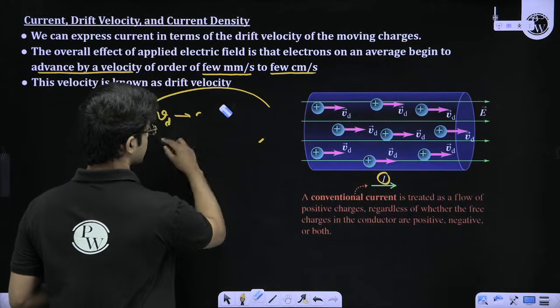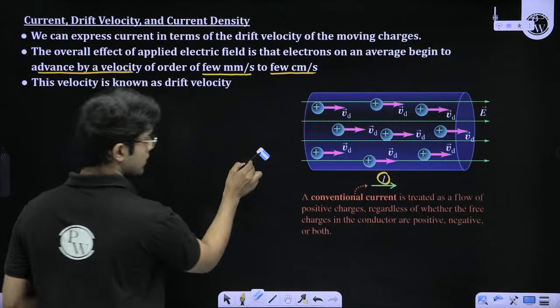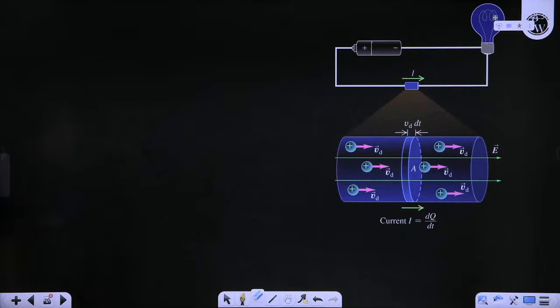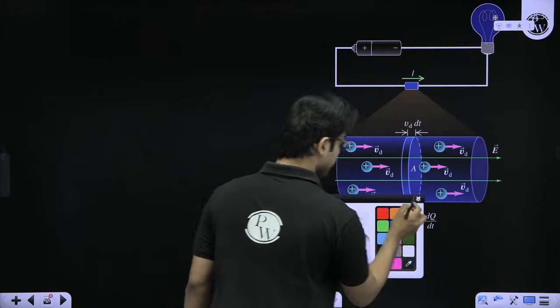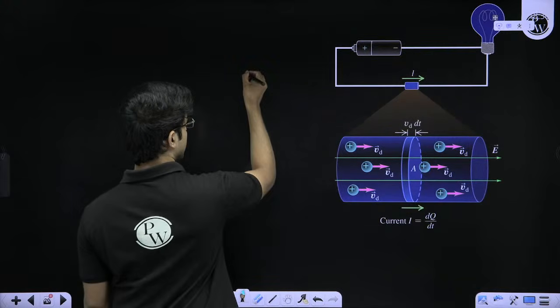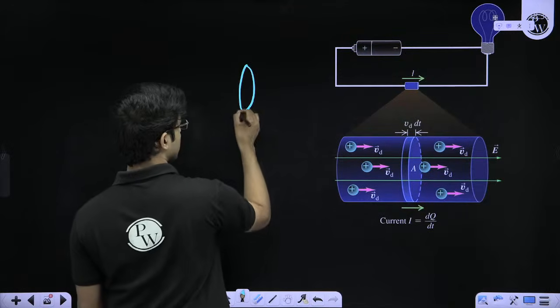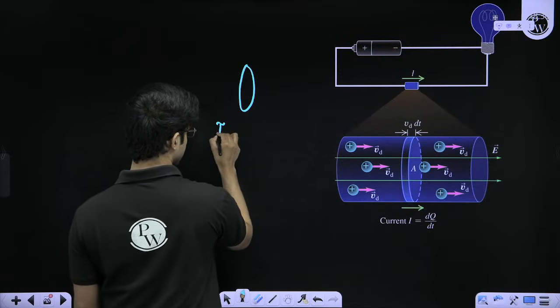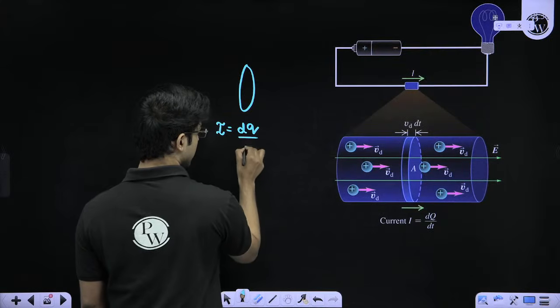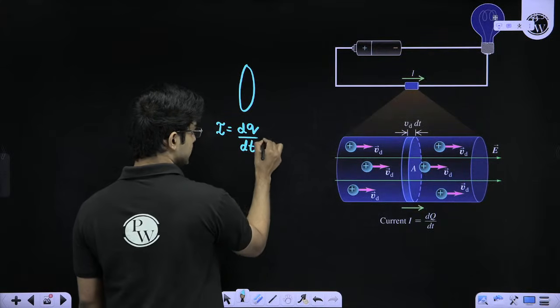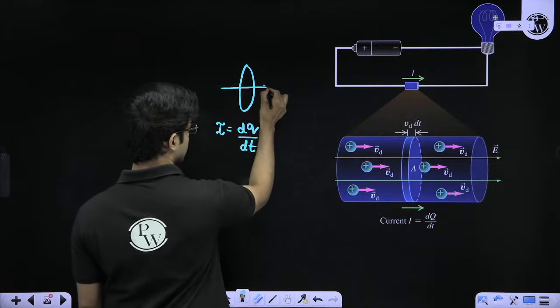So for that, in the first page I discussed this. Take any cross section. How do we find the current through this cross section? We observe for a time dt and see how much charge dq cuts through this.